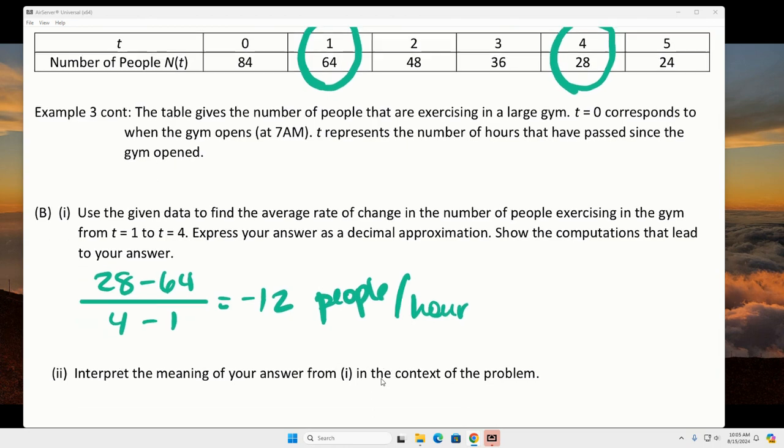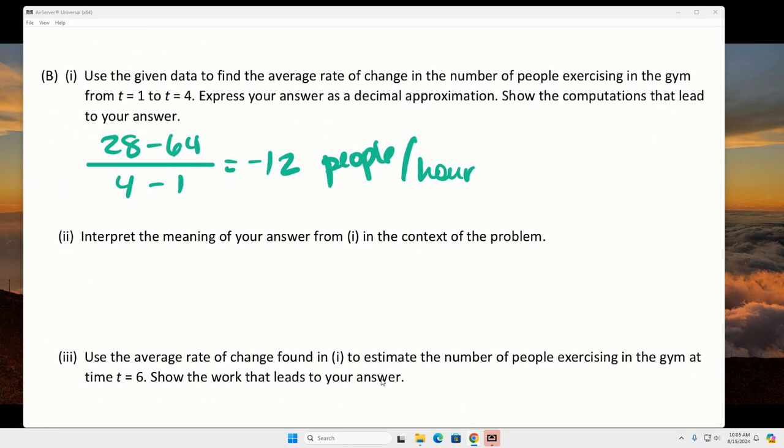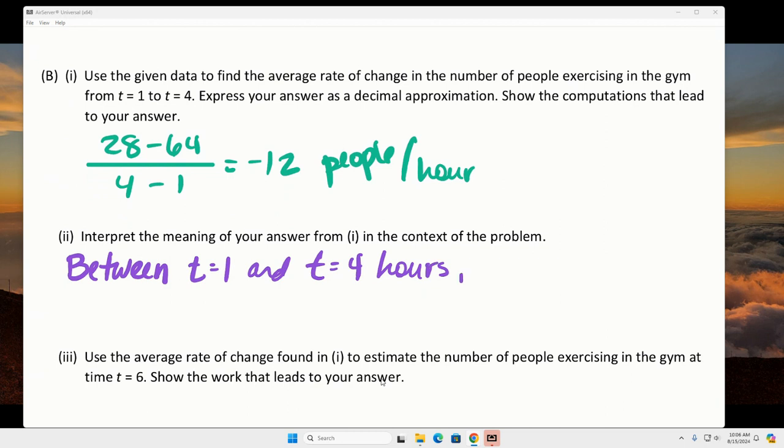All right, and again, from previous lessons, we're going to interpret the meaning of that. So between what times are we talking about here? Good. T equals 1 and t equals 4 hours. What is changing? Very good. The amount of people exercising.